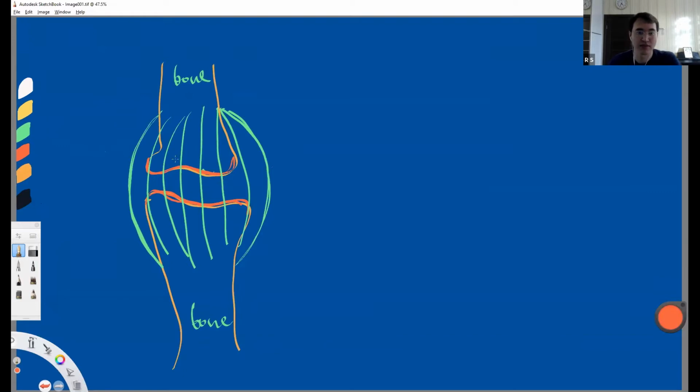Also, where we have cartilages is, for example, our nose. You know that our nose looks something like this. Here we have numerous cartilages that create this form.